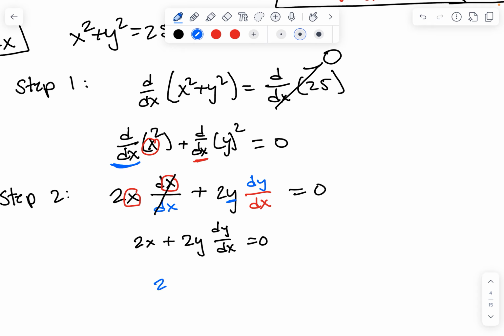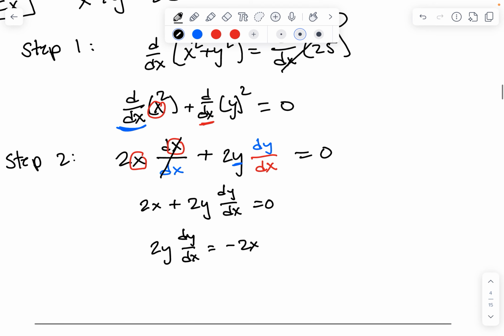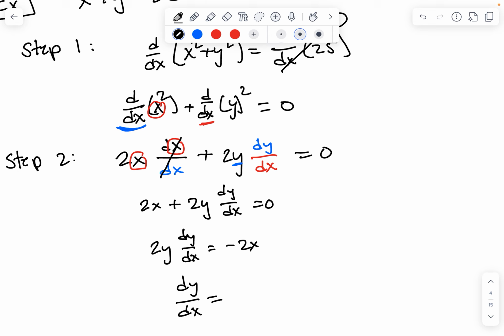We have 2y dy dx is equal to negative 2x. Divide both sides by 2y, which gives us dy dx is equal to negative 2x over 2y, which is negative x over y. And that is our final answer.